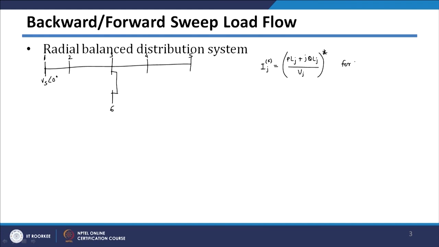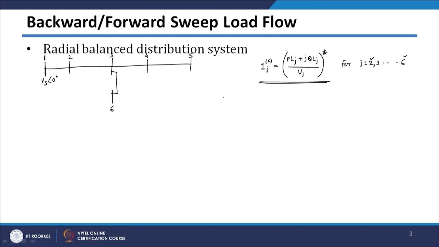It runs from j equal to 2, in this particular case up to 6. Using this we can get the load currents of each bus, starting from bus number 2 ending with 6.